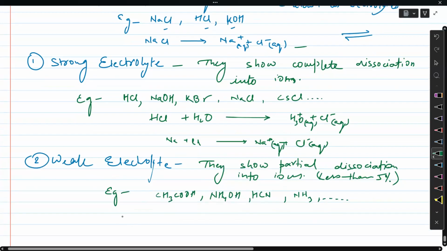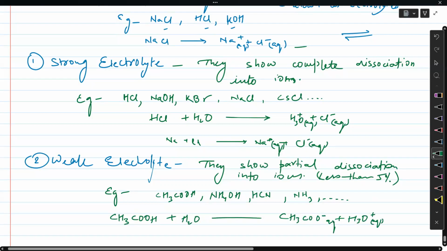When we mix, for example, CH3COOH in water, what will happen? They will dissociate into CH3COO minus ion and H3O plus ion, or you can say H plus ion, in the aqueous state.